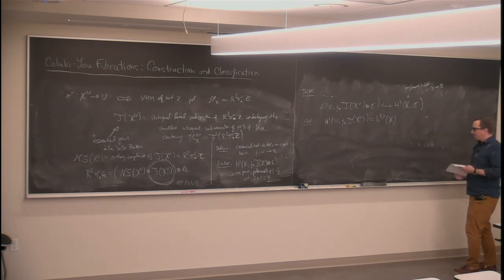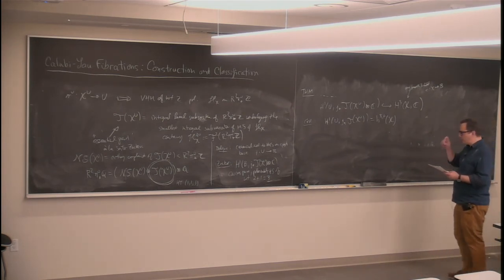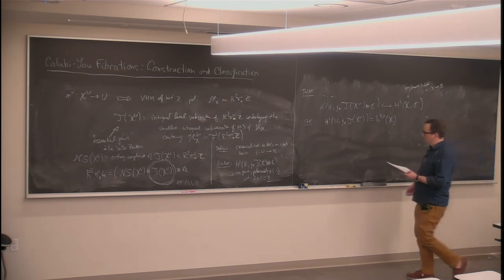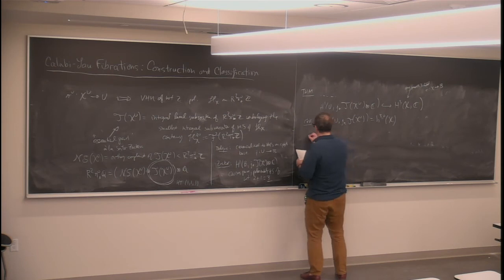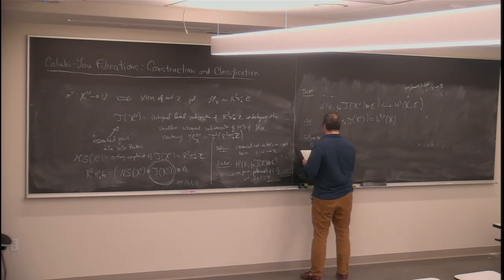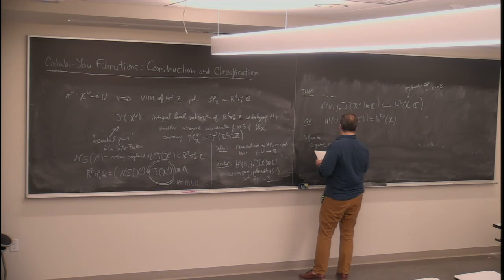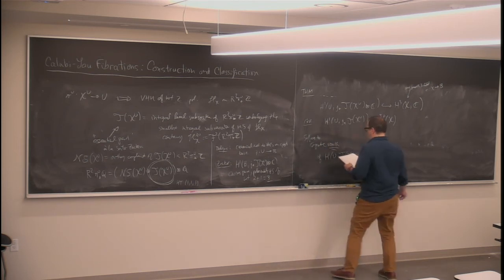So you can also show that the h^{1,2} and h^{2,1} Hodge numbers are trivial. So it's really sufficient to compute the rank of this guy. So it suffices to compute the rank of H¹(U, T_{𝒳_U}), okay?